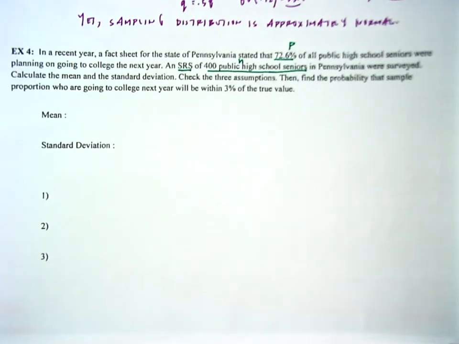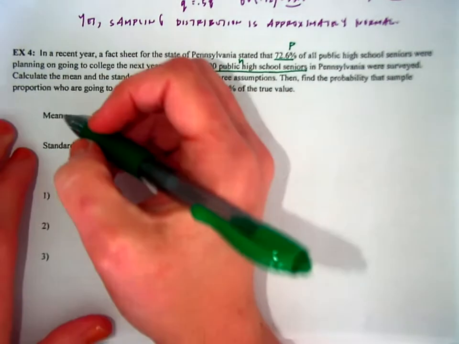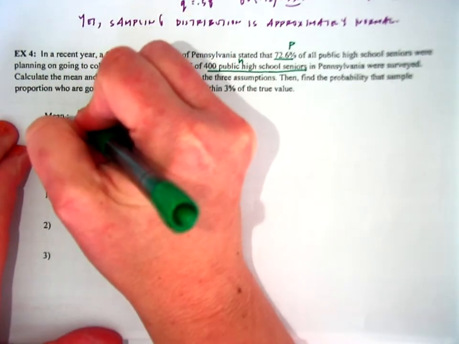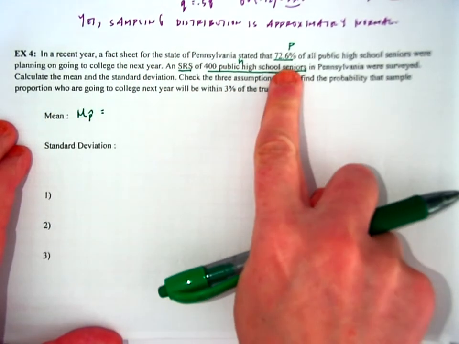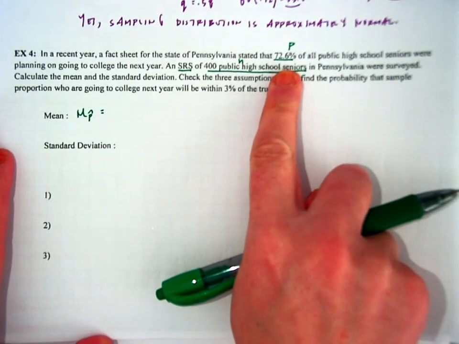Okay, so let's do the first part. So I'm looking at my mean, and that was given to me right here. So I'm going to keep everything as a decimal, so 0.726. If you wrote it as a percent, again, not a problem. So here, this is the proportion that we would expect to be going to college. Okay, our standard deviation next.